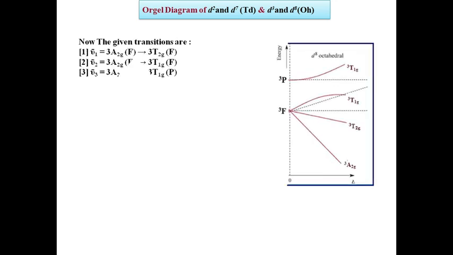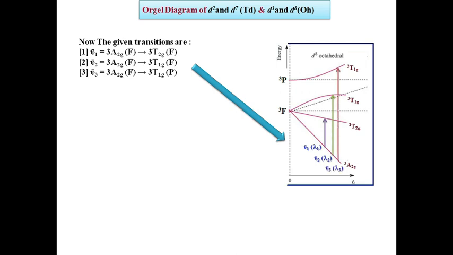So, the D2-D7 configuration in an octahedral field and the D3-D8 configuration in a tetrahedral field are represented in the left hand side energy correlation diagram of the standard Orgel diagram, but it is horizontally flipped or inverted as earlier. Hence, now the A2(F) state becomes the ground state, and the three transitions are A2(F) to T2(F), A2(F) to T1(F), and A2(F) to T1(P).